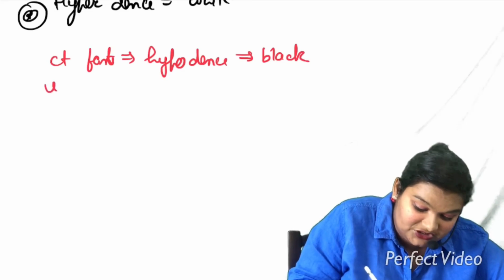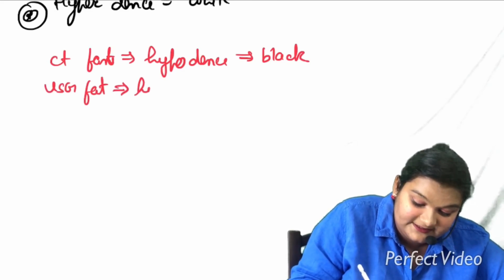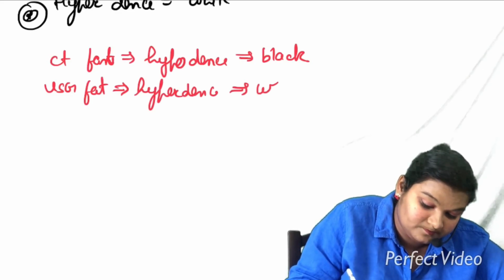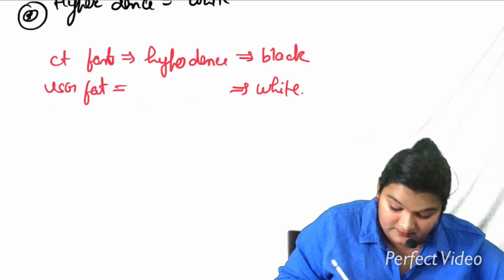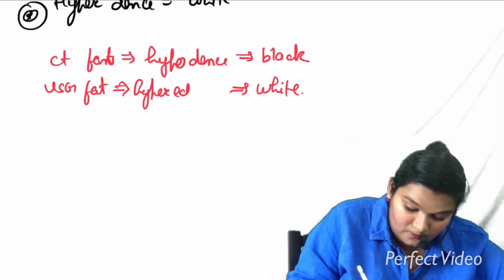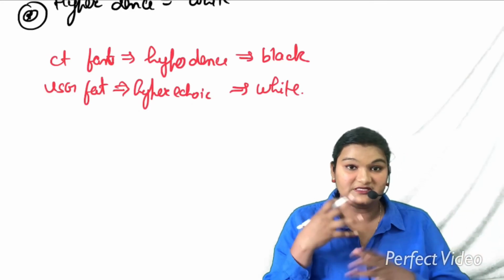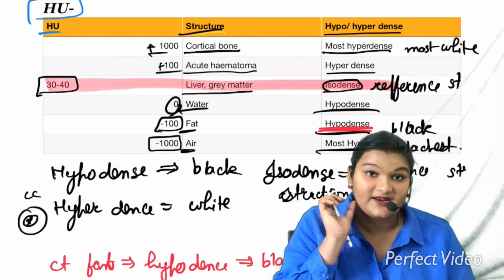Whereas on USG, the fat is hyperdense, that is, it appears white. It's not hyperdense, it's hyperechoic. Okay, hyperechoic is used for USG, so it appears white. Okay, so here we are done with CT scan part 1.